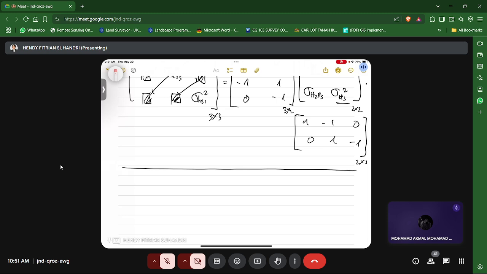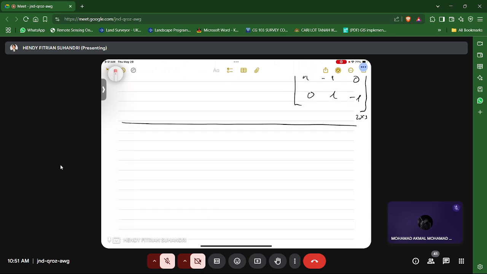That was in chapter 7. Still remember or not? Everybody? Yes. Okay. In this chapter 7, in relative GNSS leveling.